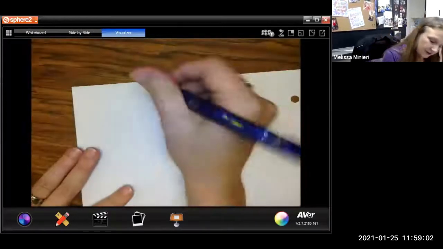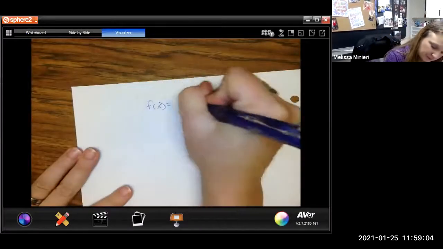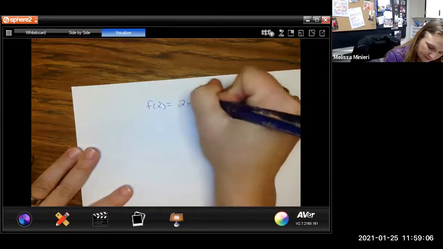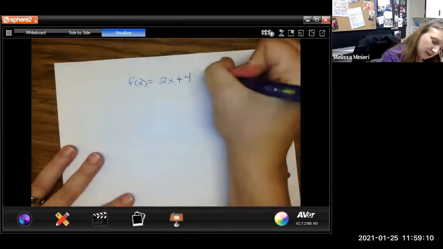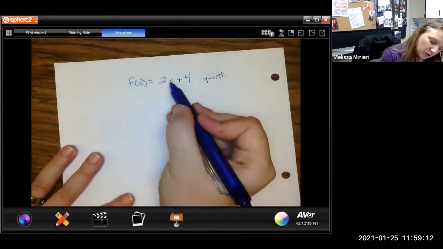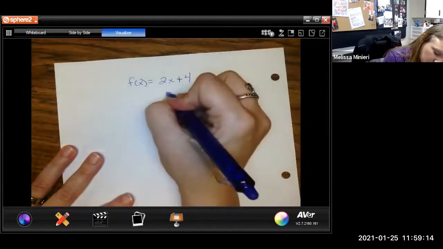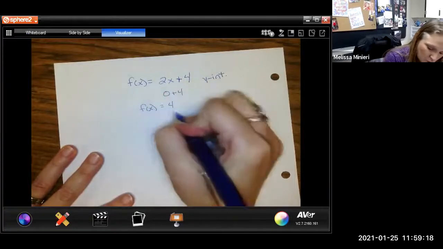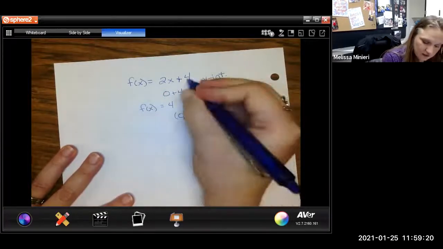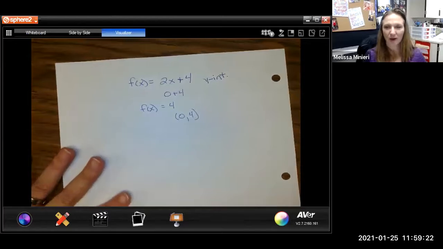Like, think of a function like this. If I want the y-intercept, I can plug in 0 for x. 2 times 0 is 0 plus 4. And you guys know that the y-intercept is (0, 4) here because that's in y equals mx plus b format, right?